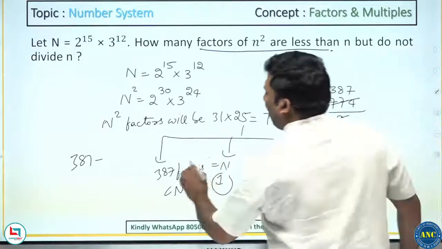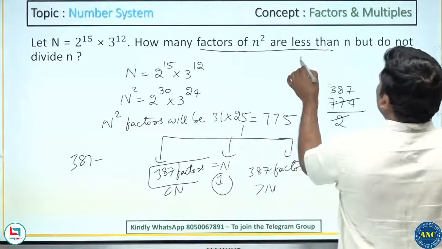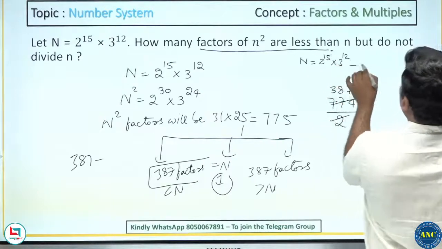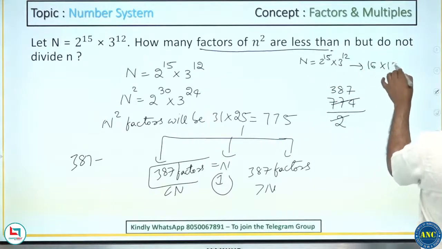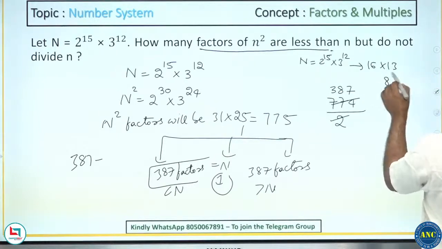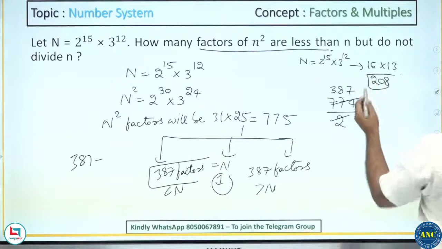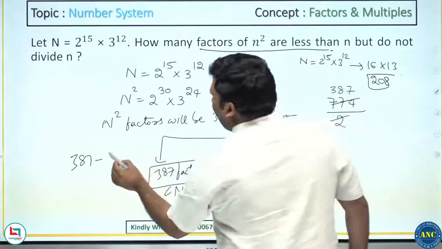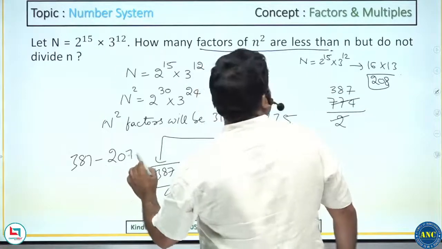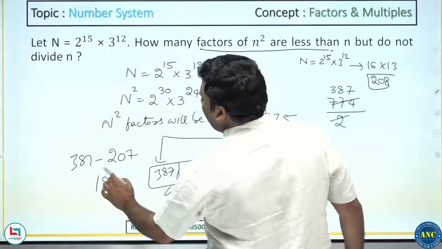In that, how many do not divide n? n is 2 power 15 into 3 power 12. Factors will be 16 into 13, which is 208. One number will be the given number itself, so minus 1 gives 207. Answer is 180.